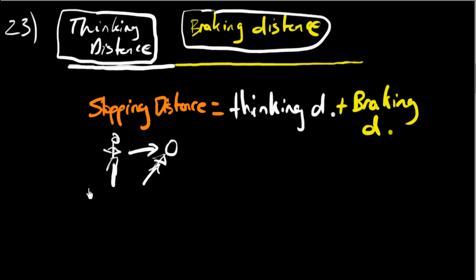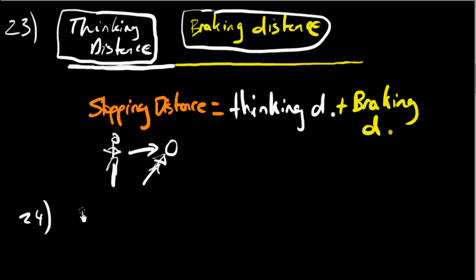It's important. Okay, so 24 said list 3 or 4 factors which affect the 2 sections of stopping distance. So let's see, factors that affect the thinking distance.